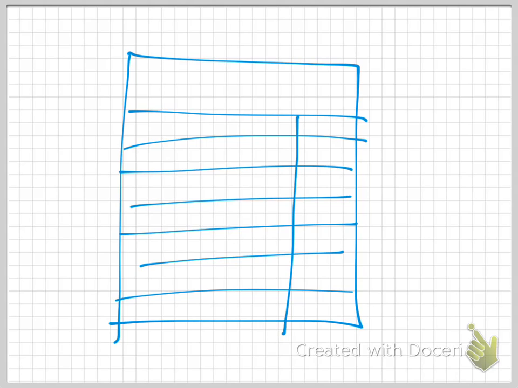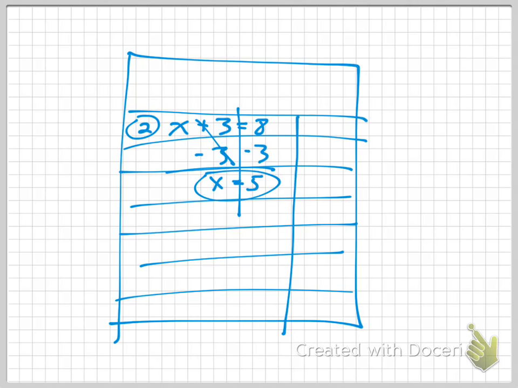You must show your work in the work over here, and it needs to be separate. So like for number 2, it's x plus 3 equals 8. And when you're done, I would like you to box it in or whatever. It needs to be neat and clean.